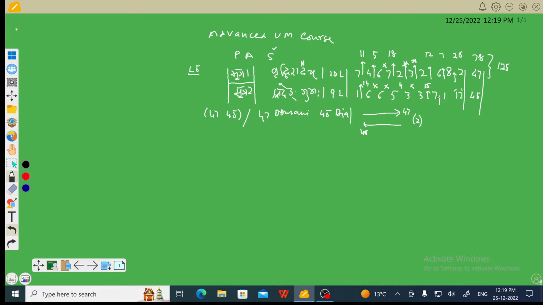Then here is from 2 to 12. How much does it make? So 2, 3, 4, 5, and so on up till 12.